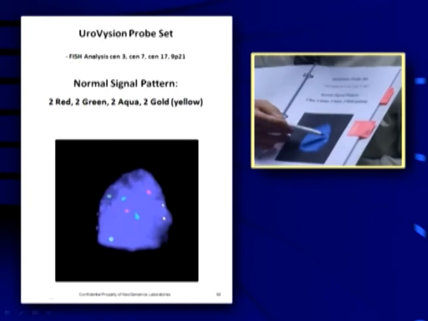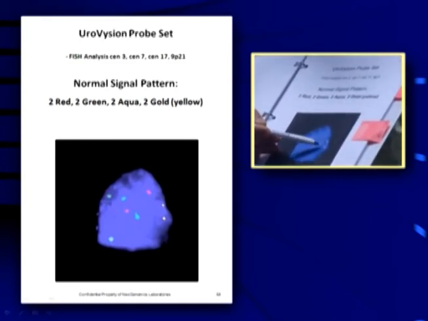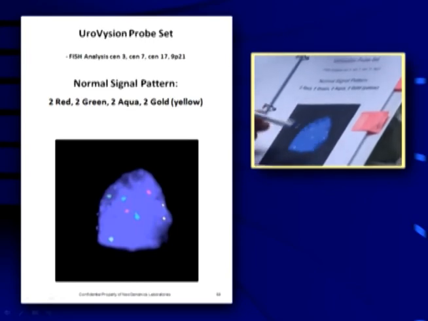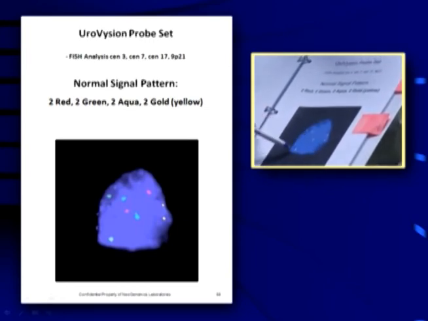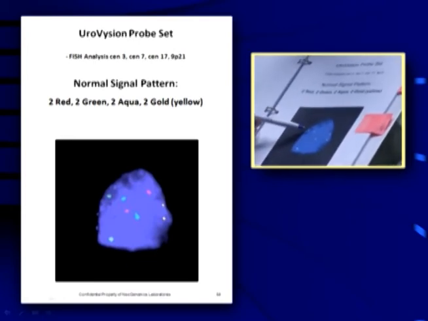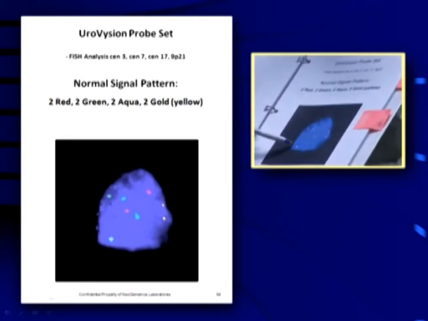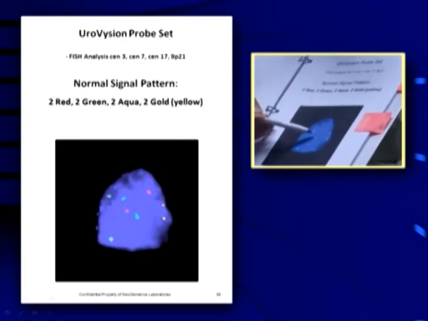Despite the fact that the 2 signals on the right-hand side of this interface nuclei are more whitish, those are your gold signals. And despite the fact that the signals on the left-hand side of this interface nuclei are not very greenish, they're probably the green signals. Your blues are in the middle, or aquas, and your reds are in the middle and then up at 1 or 2 o'clock. This is a typical normal.